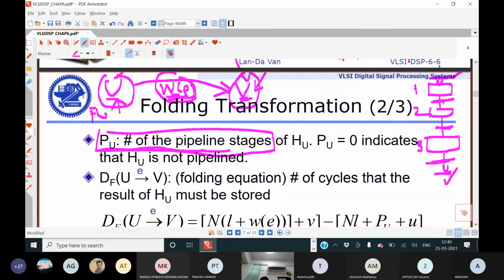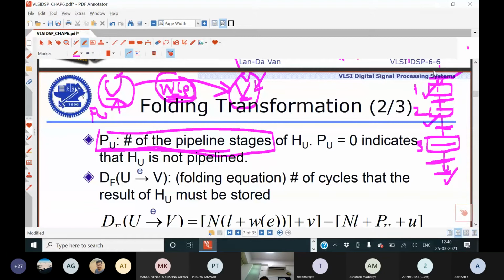In pipelining, every clock cycle each individual stage is working. Initially this stage is working, then when the output is applied to the second stage, I can apply the new input. When the third stage is working, the second stage and the first stage are also working, for my next input.